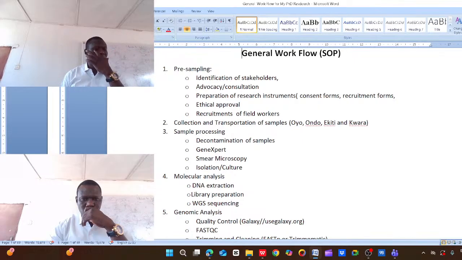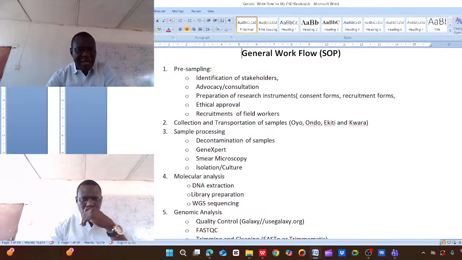But in the case of Mycobacterium tuberculosis, four important processes are highlighted here. The first one is decontamination of the sample, then you run it through the GeneXpert machine.